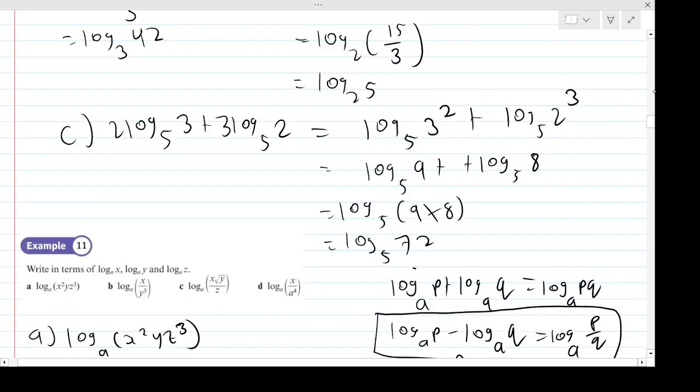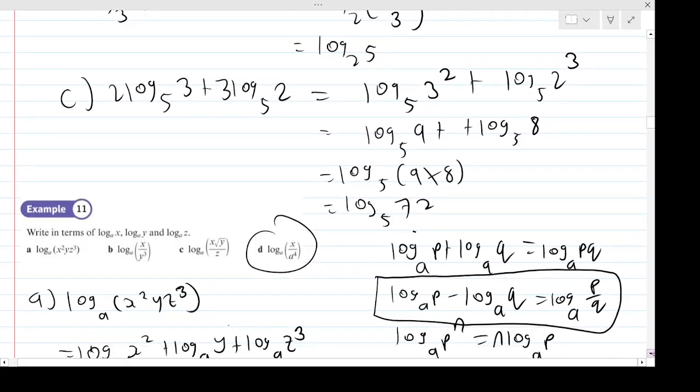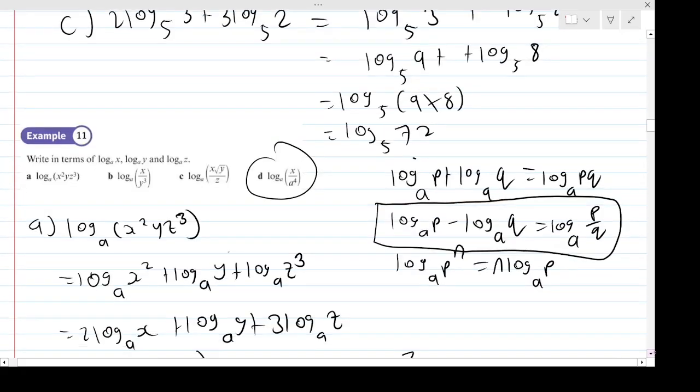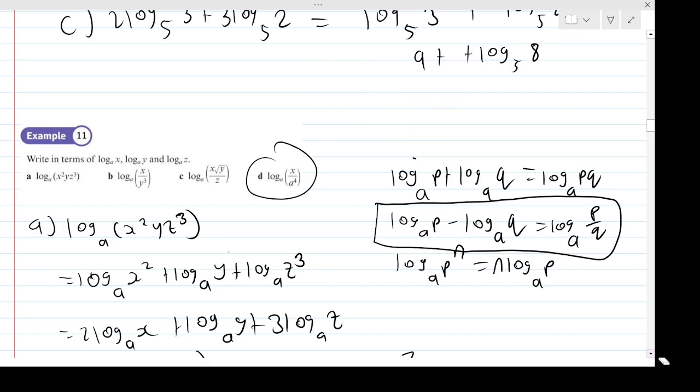Cool. Then part D. I'll make some room here. We need to simplify log a of x over a to the 4.